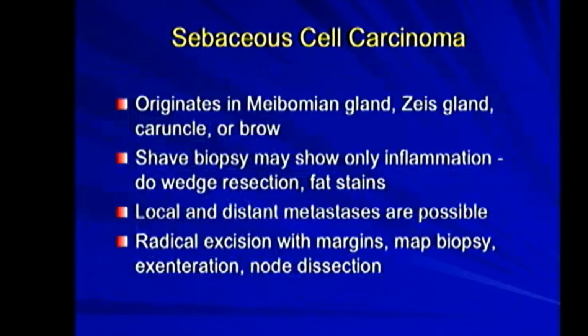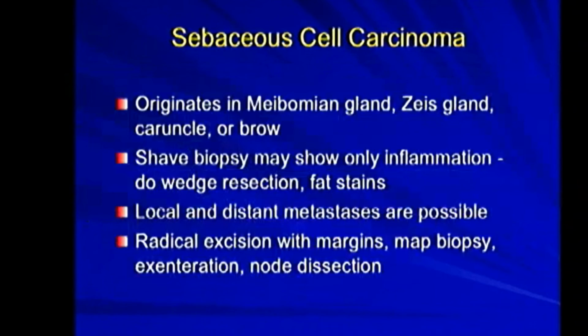Sebaceous cell carcinoma, as you know, may originate in the meibomian gland, which is the most common site, but it can happen with other sebaceous glands in the eyelid or in the brow. A shave biopsy may show only inflammation, so do a wedge resection, or a stain for fat. You need to take a really deep biopsy to get this tumor diagnosed.